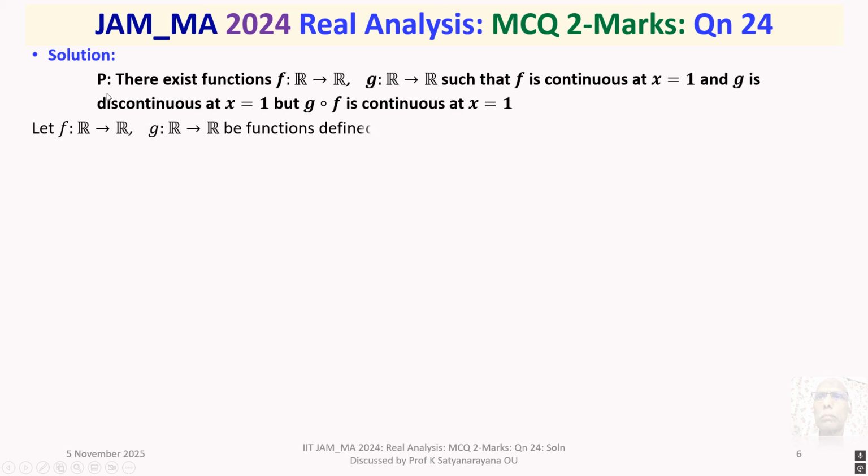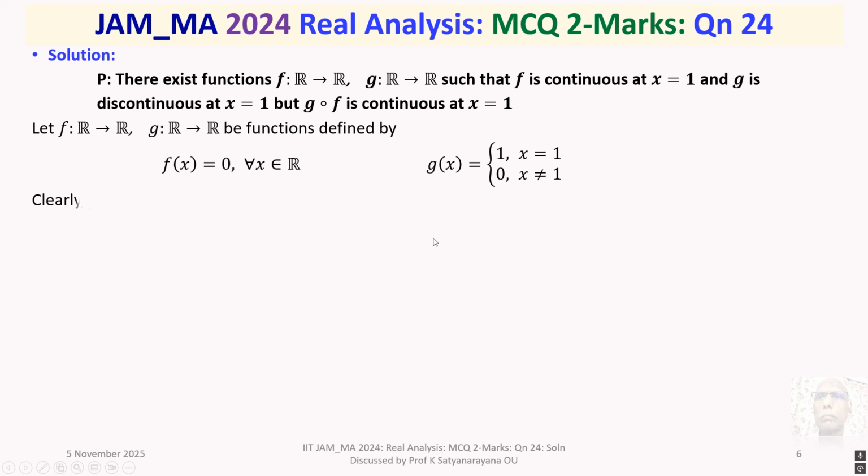We give an example. Let f from R to R, g from R to R be functions defined by f of x is equal to 0 for all x belongs to R. It's a 0 function. g of x is equal to 1 when x is equal to 1, and when x is not equal to 1 it is 0.